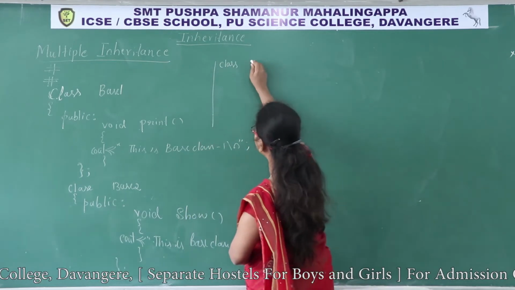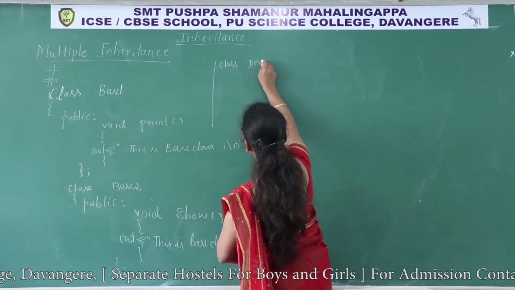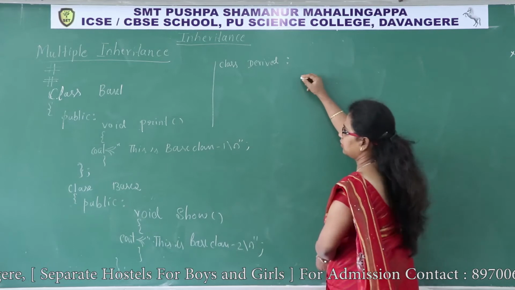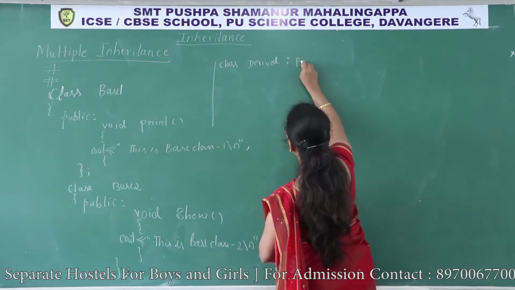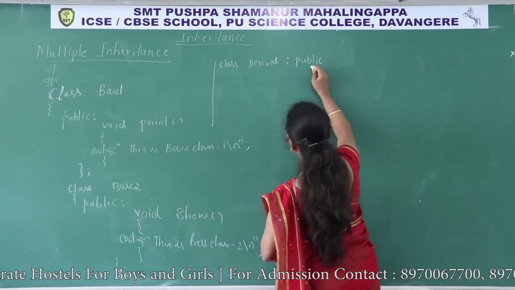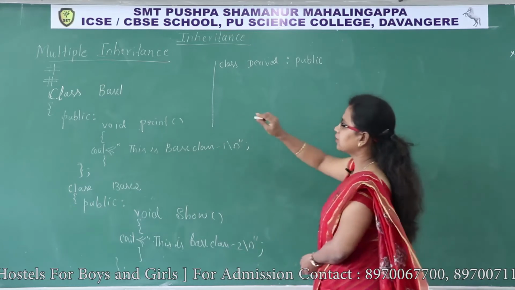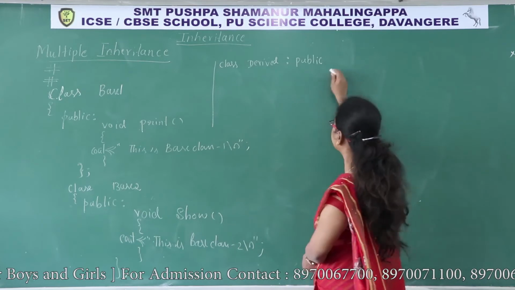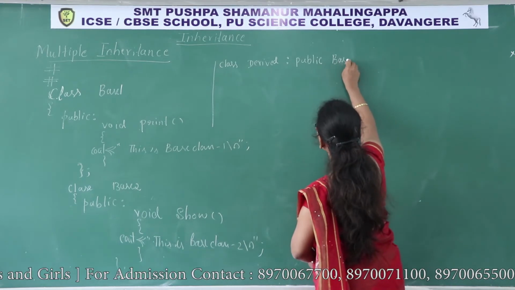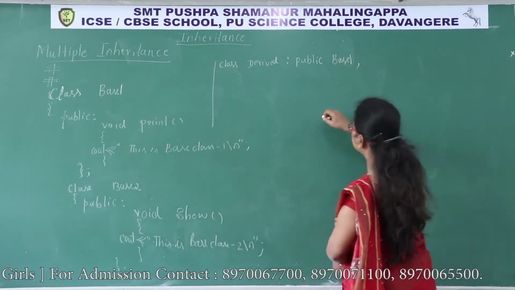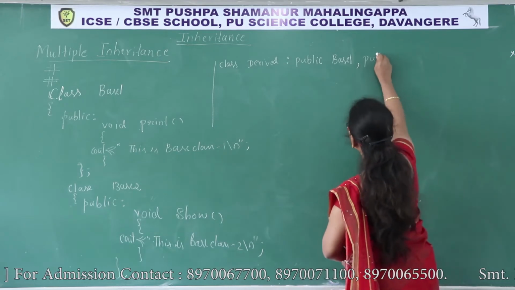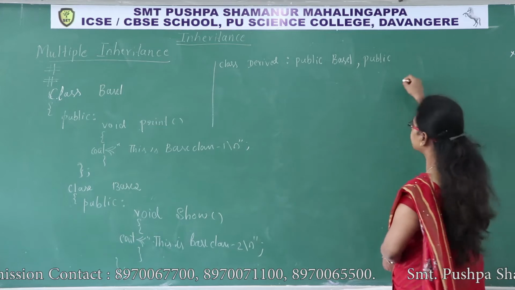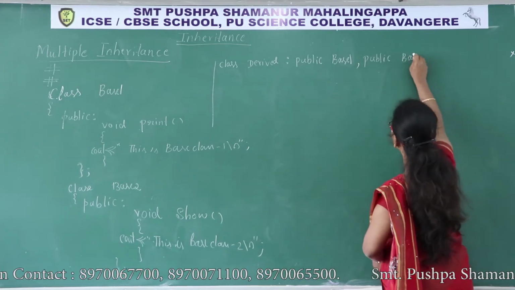Class name, I will take the name of the class as derived, colon, visibility mode, I will take public. I am going to inherit base class 1, this is base 1, in public mode, base 1, comma, public. You must mention access visibility mode separately for these two classes, base 2.